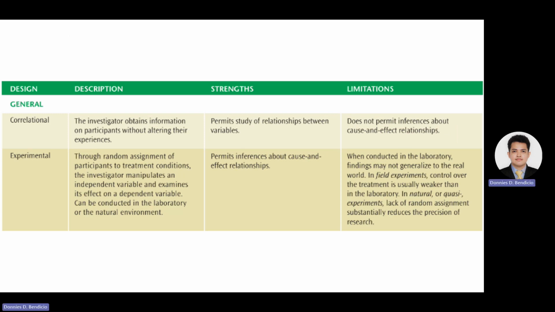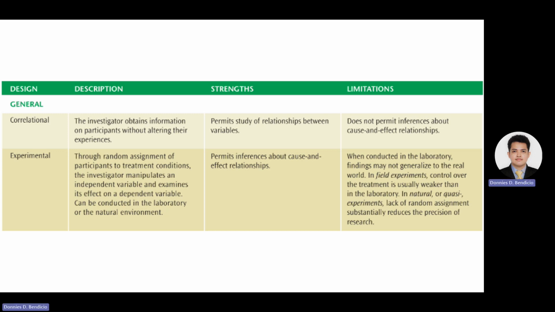Next are the correlational and experimental methods. Briefly, let us review. The correlational method is used to examine the relationships between variables without manipulating them. On the other hand, the experimental method is used to establish cause and effect relationships between variables by manipulating one variable, the independent variable, and observing its impact on another variable, the dependent variable.